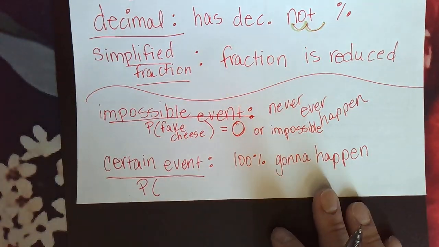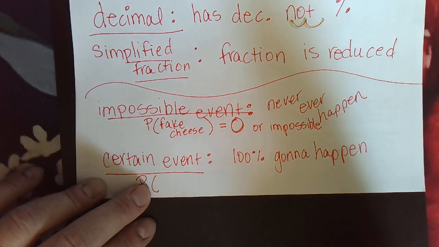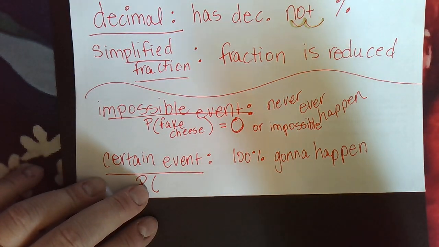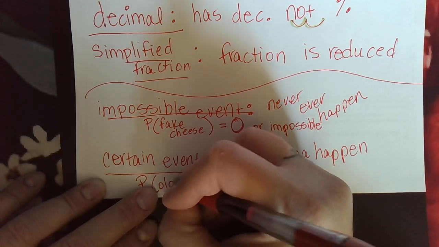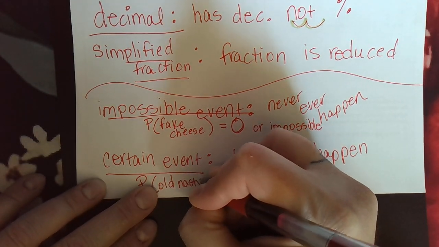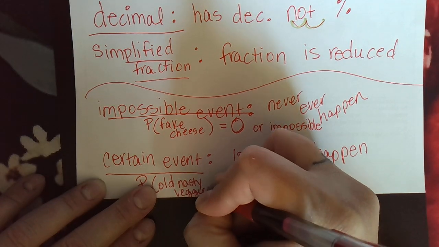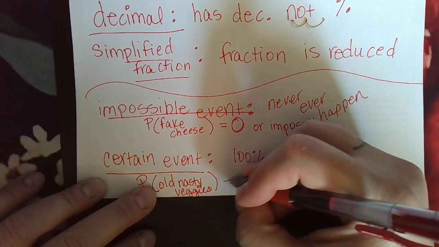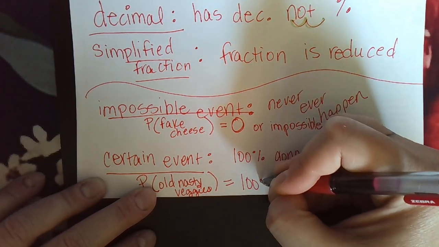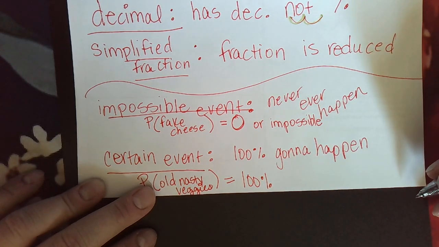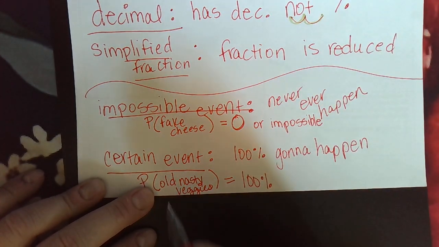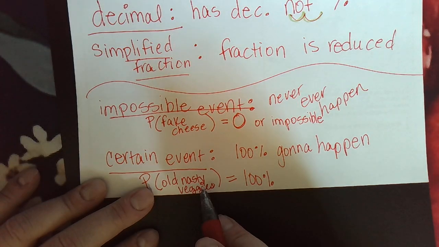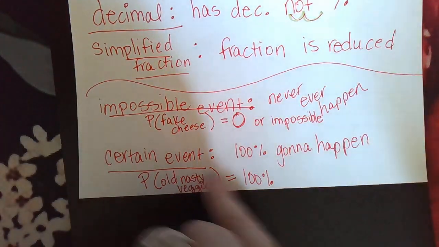But the probability of having some old, nasty vegetables that have already gone bad is 100%, because we can never seem to eat all of our vegetables. So we always have them go bad, and then we always have to throw them away. It happens every single time. So that's called a certain event.